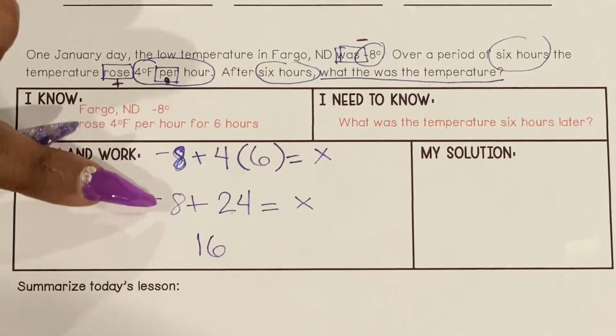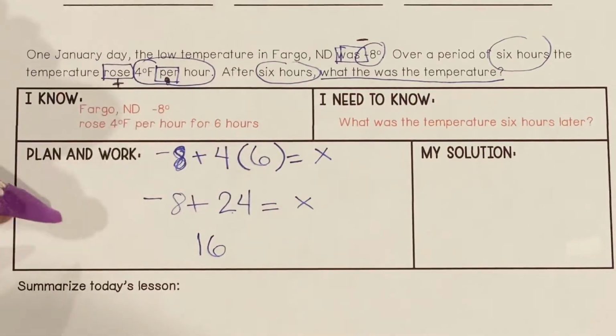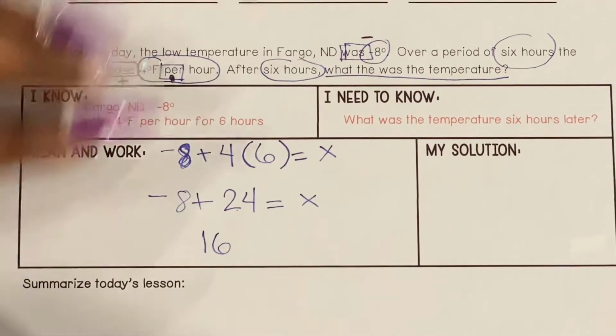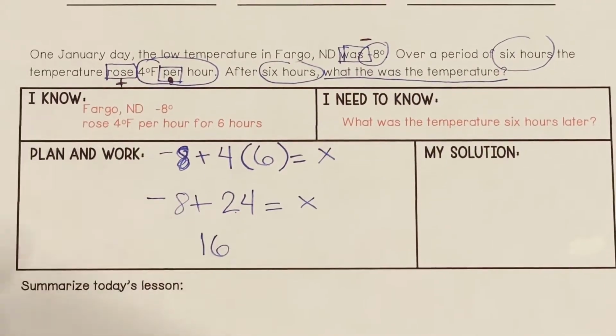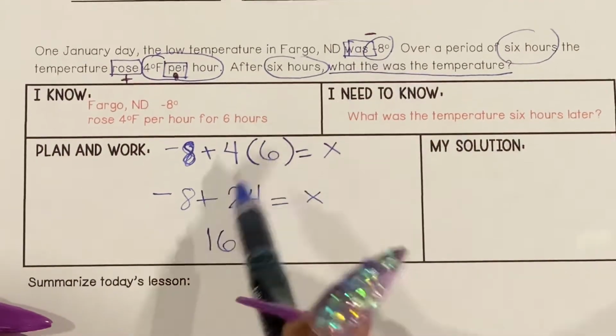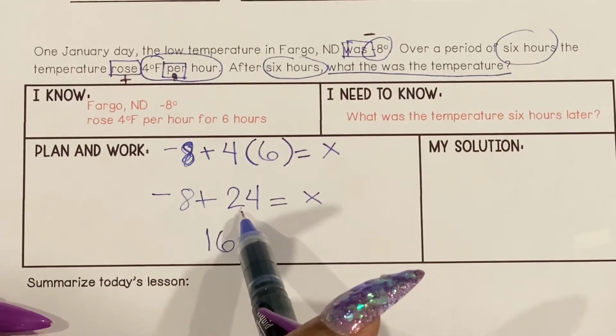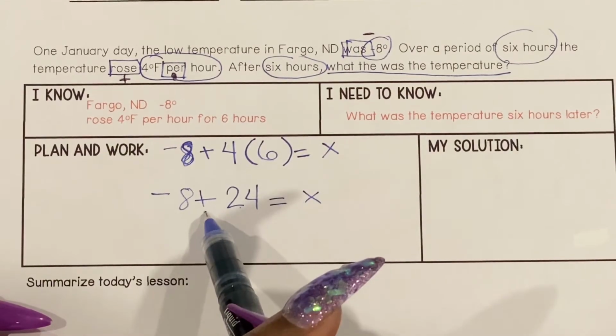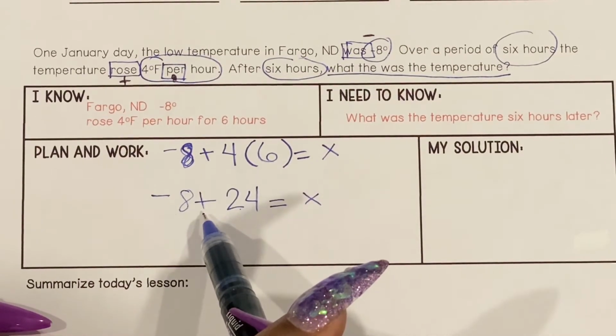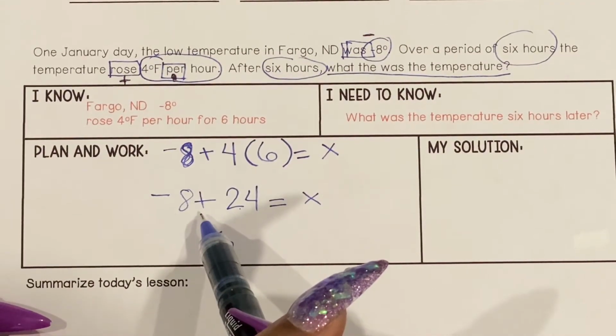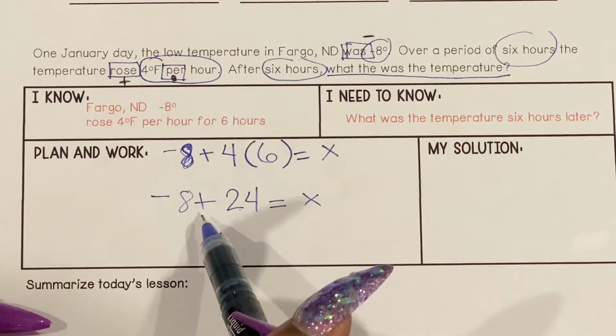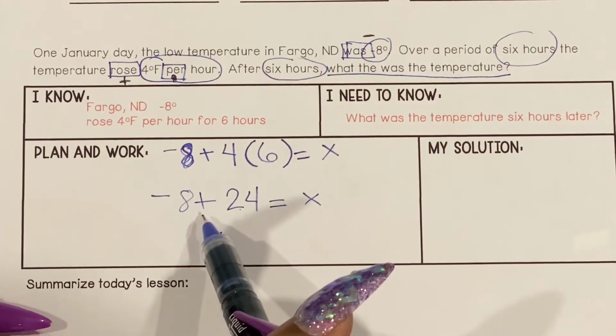Do not confuse this with the multiplication rule, because the multiplication rule would make me think this number should be negative, but it's not. When you're adding and subtracting, because this is an addition sign, you take the sign of the greater magnitude, or the absolute value of the bigger number.